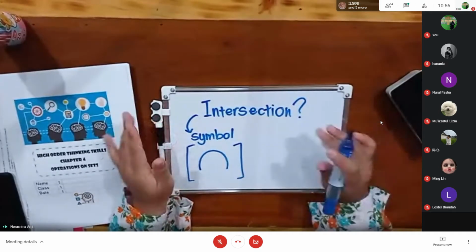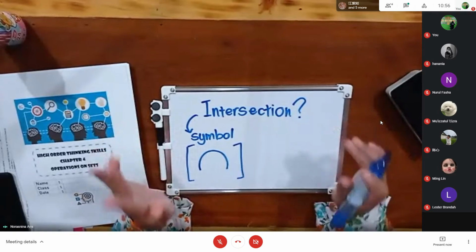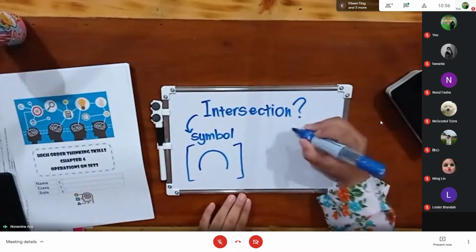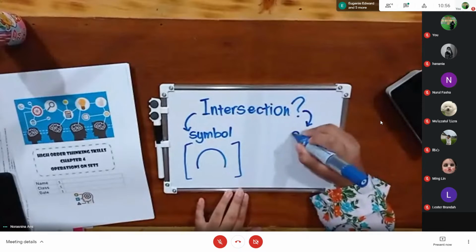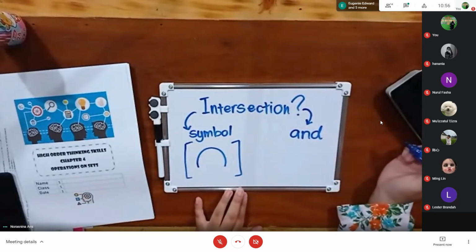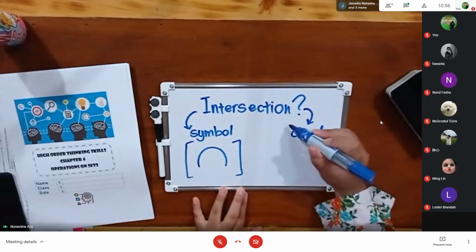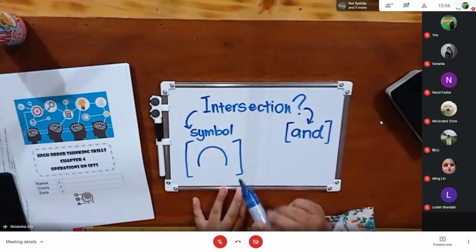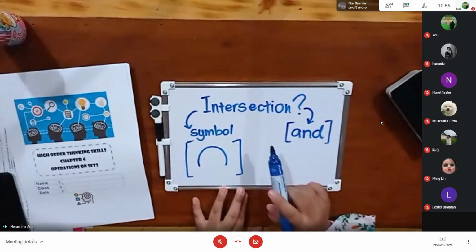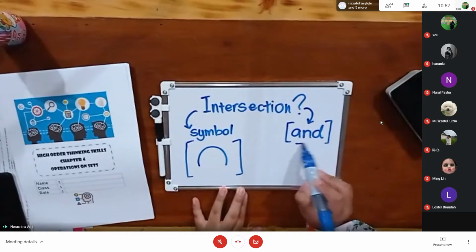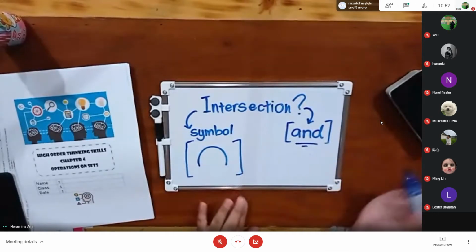If we want to know whether the question is intersection or not, we take a look for the keyword, which is "and". If the problem has this word "and", that means this problem is an intersection. This is important.